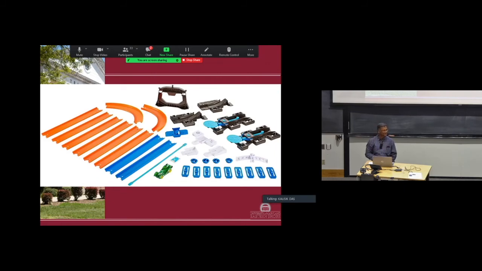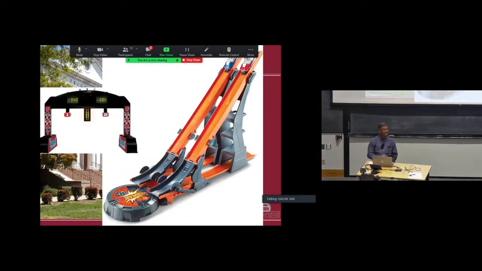We have a bunch of Hot Wheels and sensors, so create your own experiment, test it. So that's the testing phase, the hands-on active learning phase. We create several labs according to this, synchronized to those critical thinking questions, and labs are built based on those. Okay.